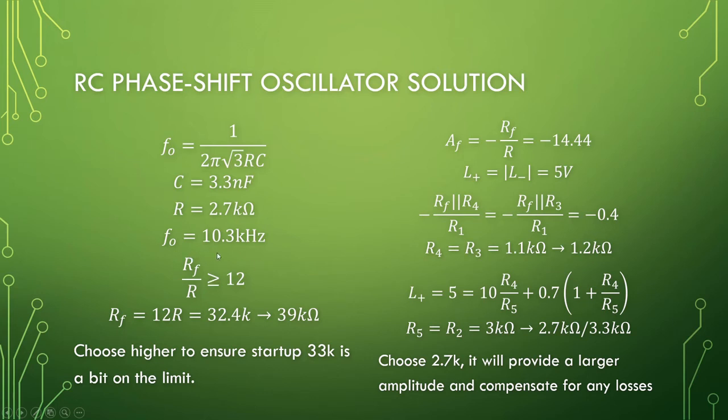Okay, so our frequency will be a bit off. If you want it precise, use E24 resistor values, or just try to figure out a better ratio for the resistors.